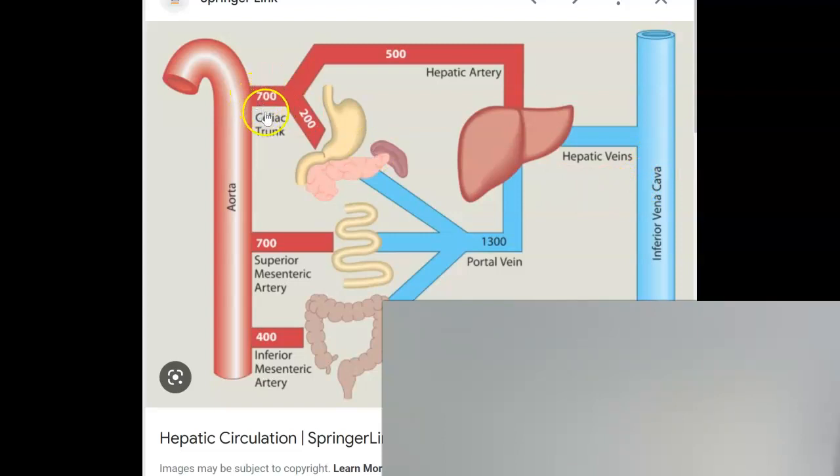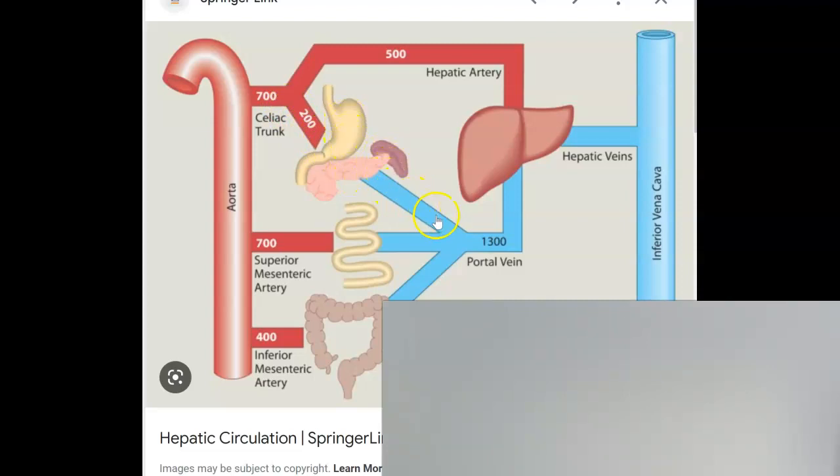This superior mesenteric artery and the celiac trunk, just to review, that is leading to the hepatic artery, which directly goes to the liver to bring oxygen. And then some of the circulation from the celiac trunk is getting reportioned to the stomach and the liver and the spleen.